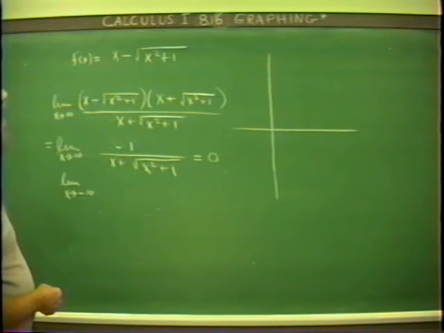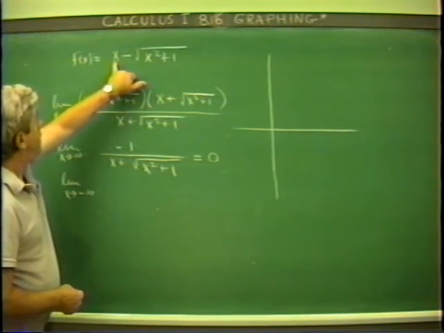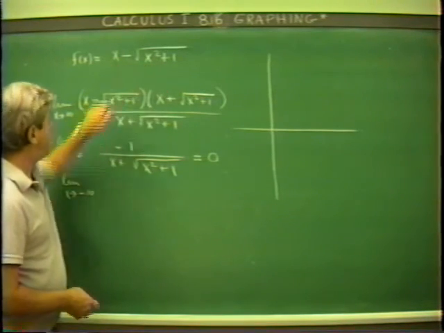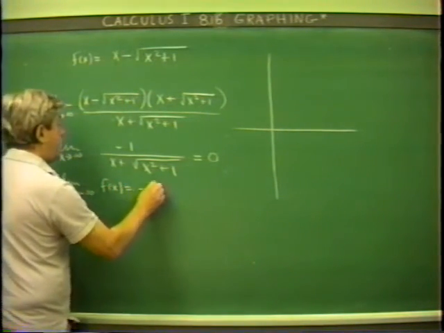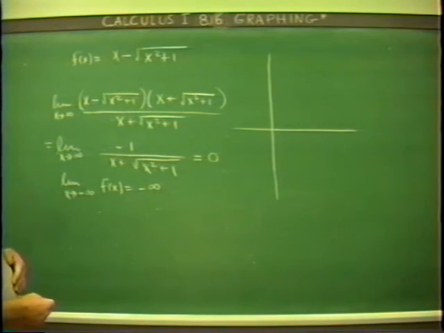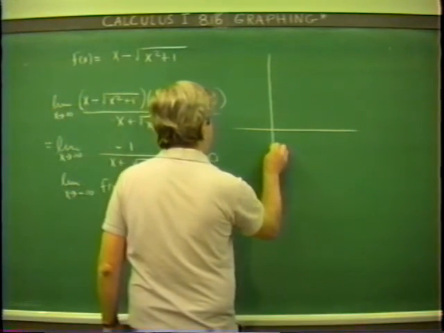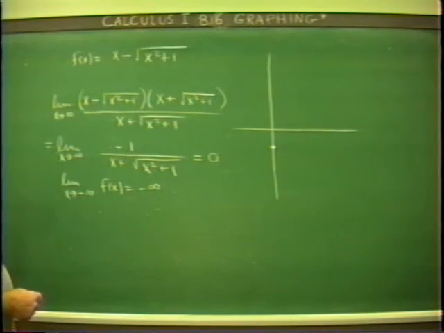How about the limit as x approaches minus infinity? What happens here? When x approaches minus infinity, this is negative, and so is this. And so the limit as x approaches minus infinity of f of x is going to be minus infinity. All right, well, let's look at a point to plot here.